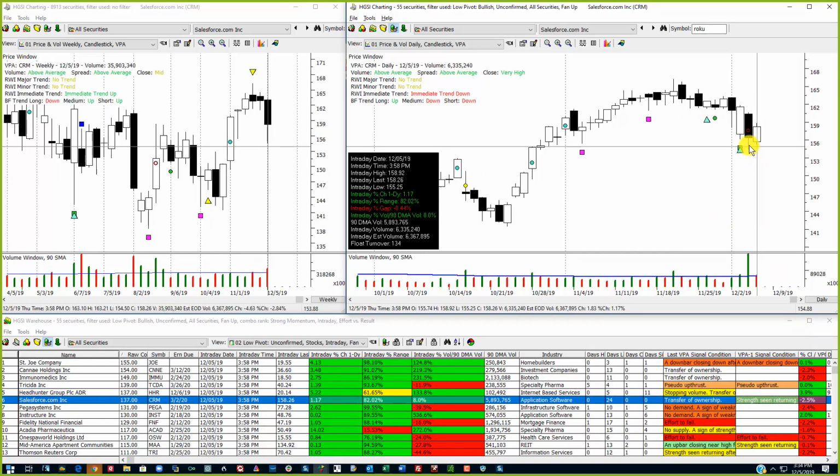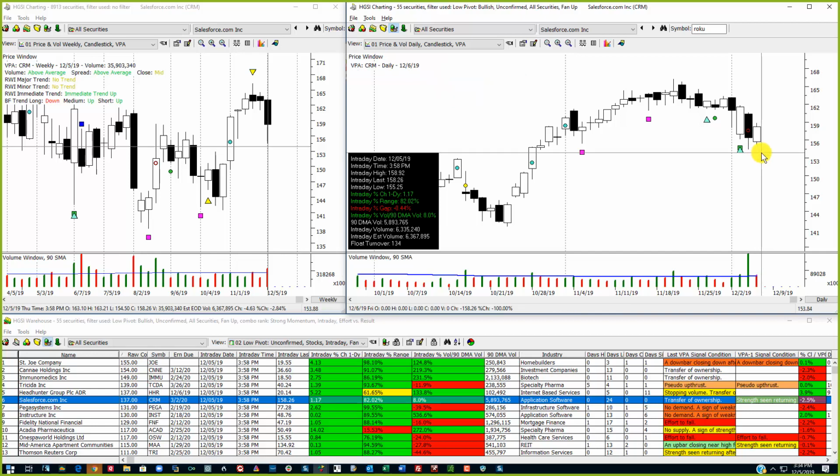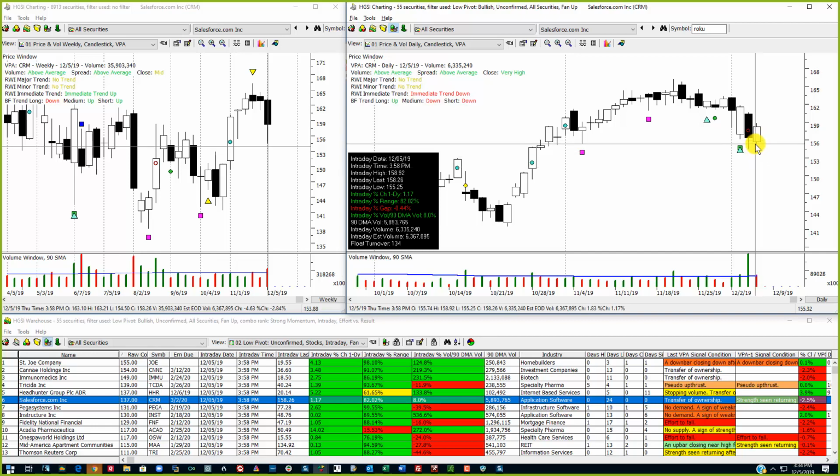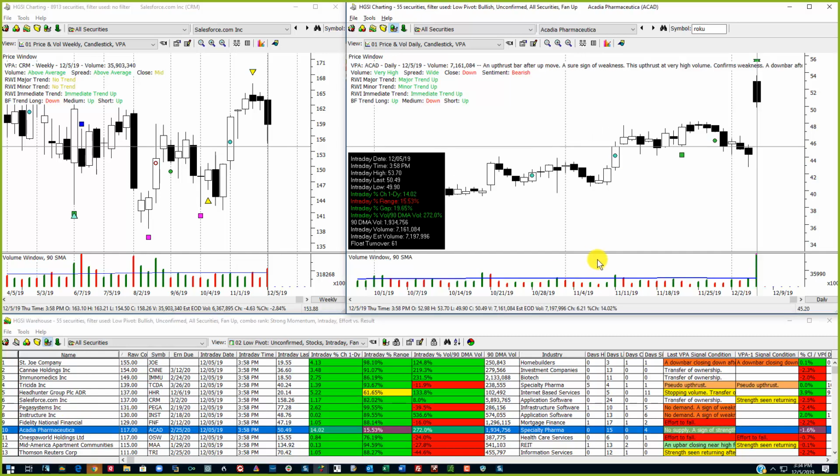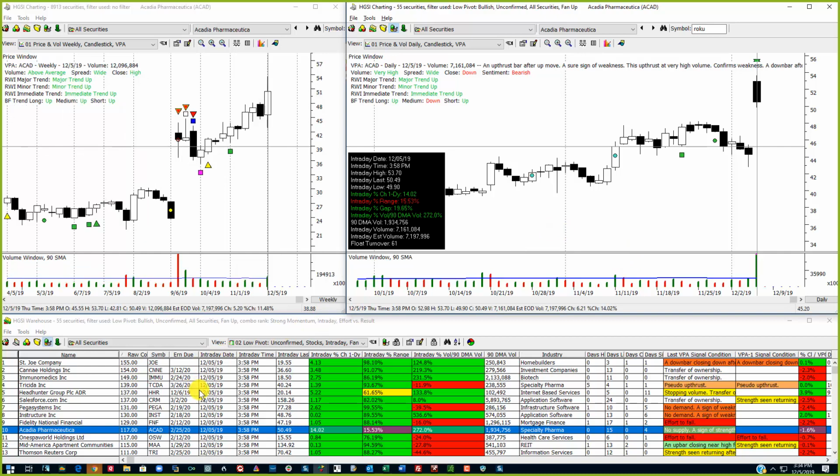Okay, here's the pivot from yesterday. So this one, if you're using yesterday's high, is still not a buy. Why can't I find one when I want one?